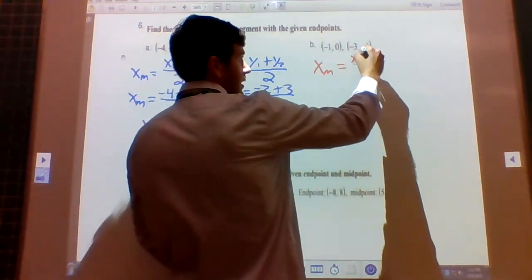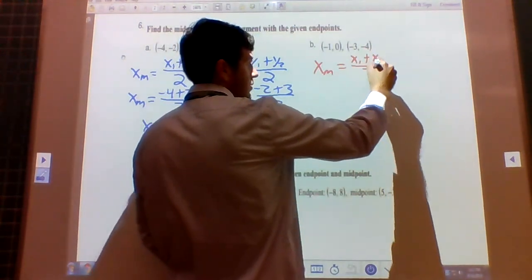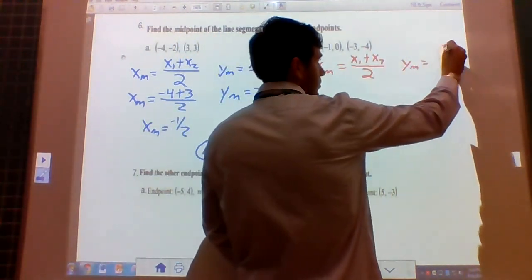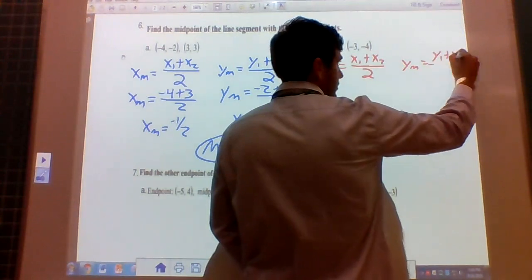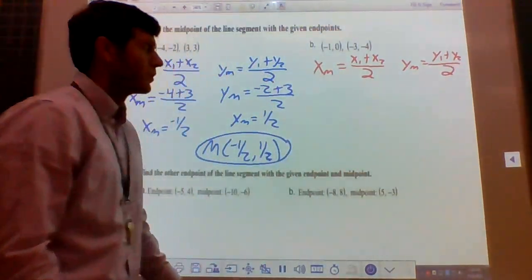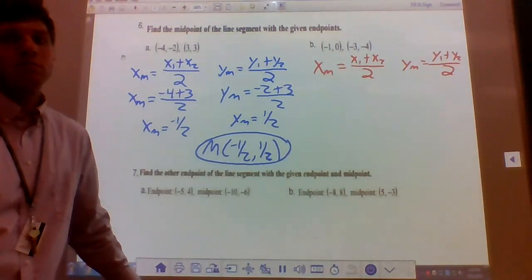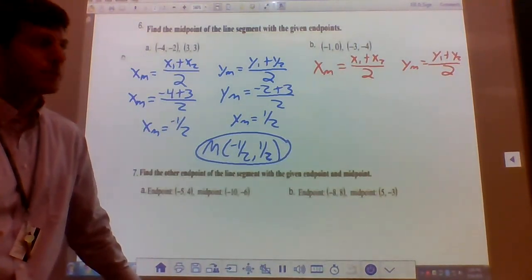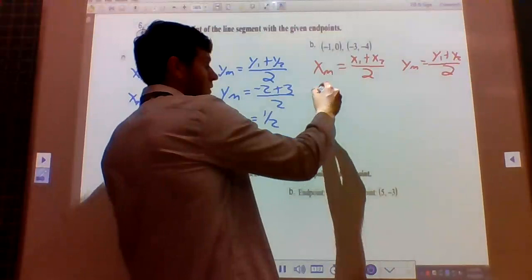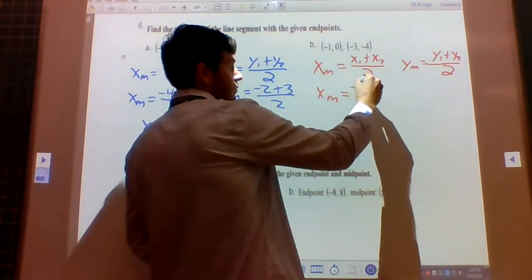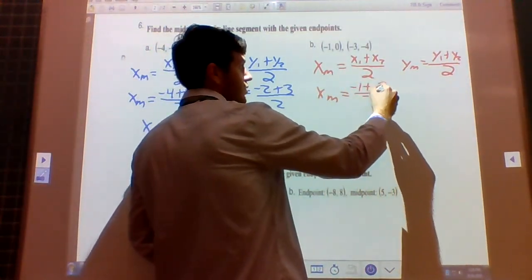xm equals x1 plus x2 over 2, and ym equals y1 plus y2 over 2, just average. You have 2 points, so you add them up, divide by however many points there are, which is 2. Add them up, divide by 2. So our x value of our midpoint is going to be equal to negative 1 plus negative 3 over 2.